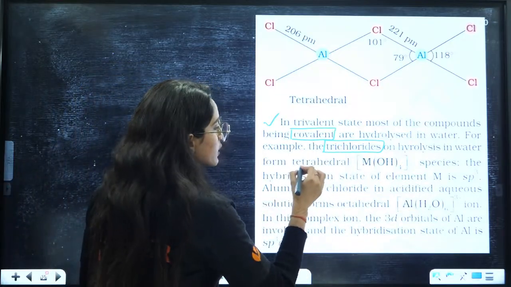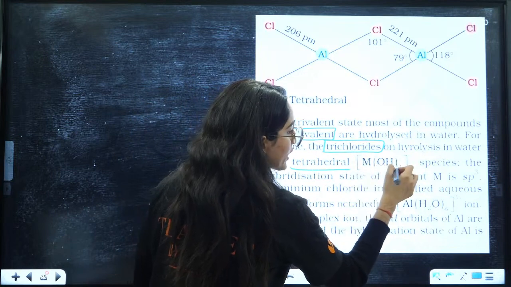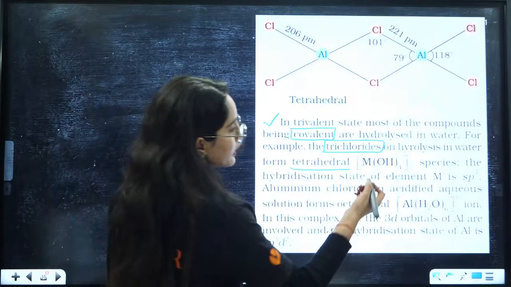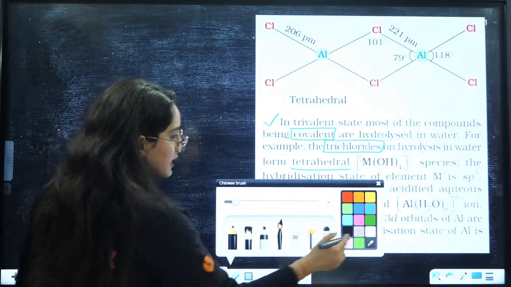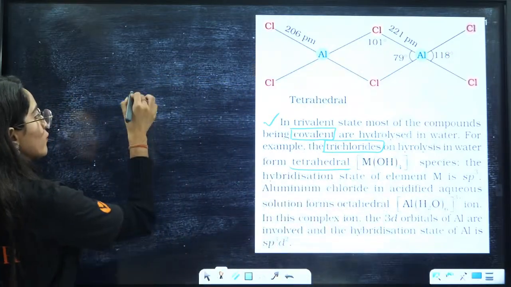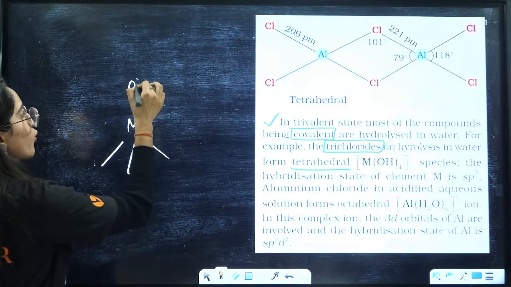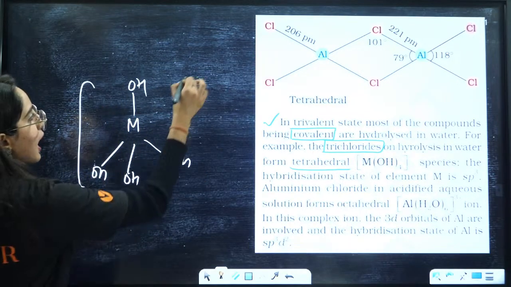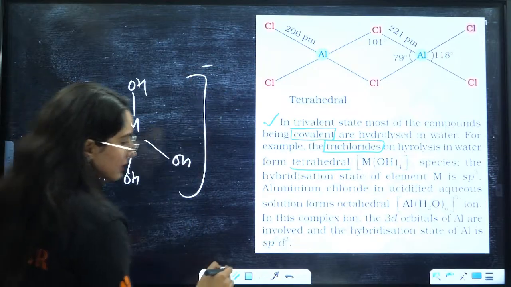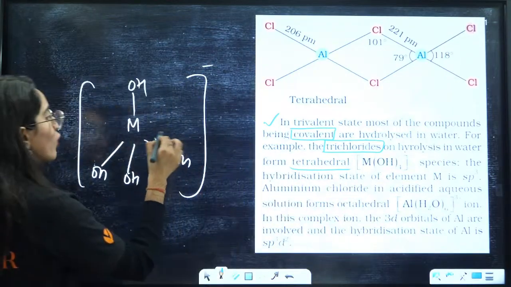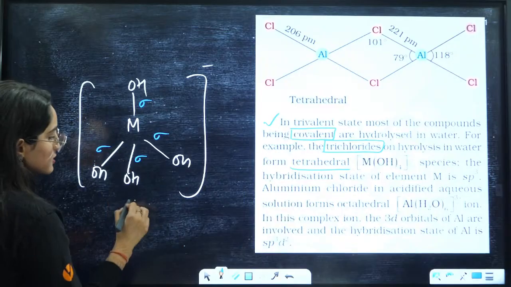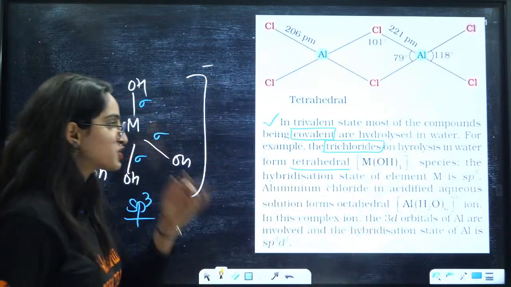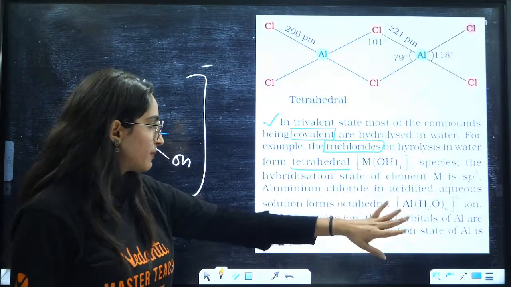On hydrolysis, they form tetrahedral M(OH)4 negative species. This is your M, 1, 2, 3, 4, OH, OH, OH, and this is also OH and it is negative. That is why it is having 4 sigma bonds, and that is the reason this is sp3, that is, it is a tetrahedral species, right?